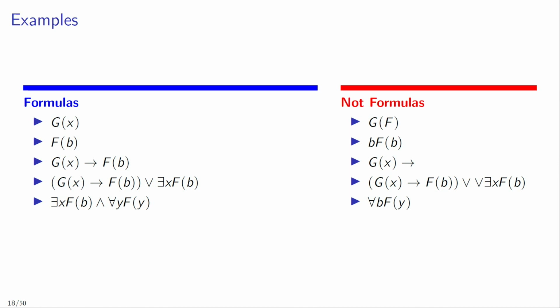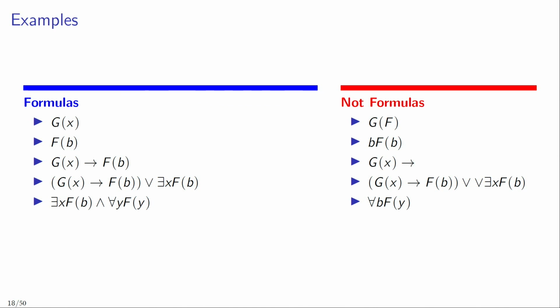Now, since Gx and Fb are atomic formulas, our inductive definition of a formula tells us that if Gx, then Fb also is a formula. So you can take two atomic formulas and combine them by means of the conditional sign, and the result is a formula.